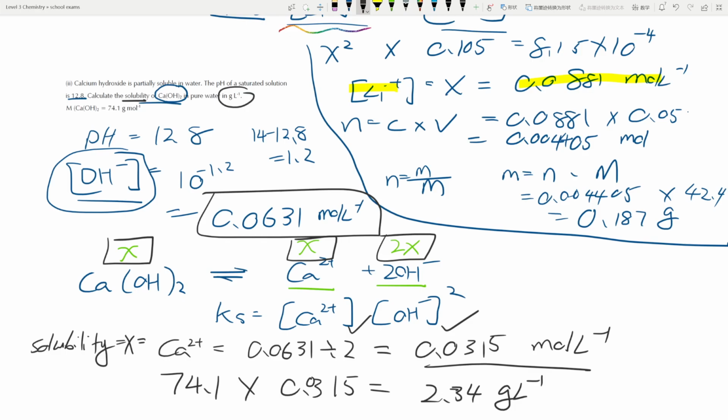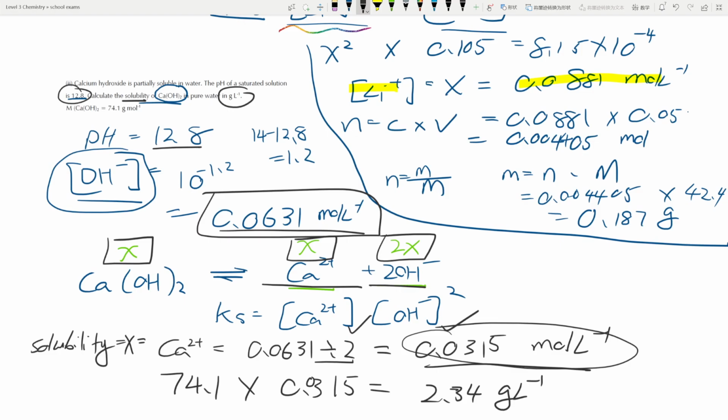So if you get given the pH, you find the OH- concentration, and then you should understand that the OH- concentration is twice as big as the Ca2+. So you can divide it by 2 to find the solubility, which is equivalent to the calcium ion concentration. And don't get confused about what solubility is.